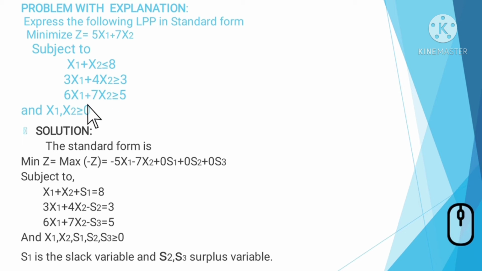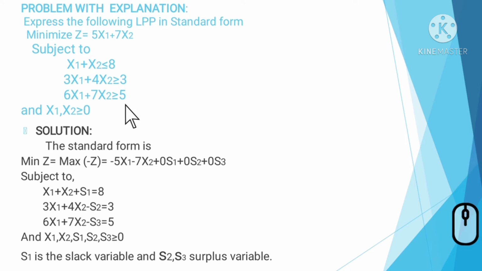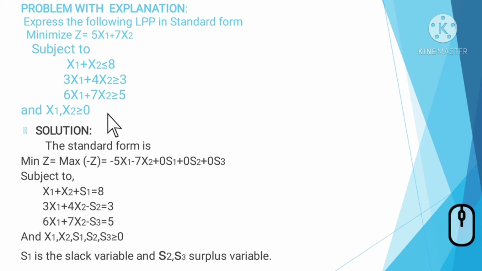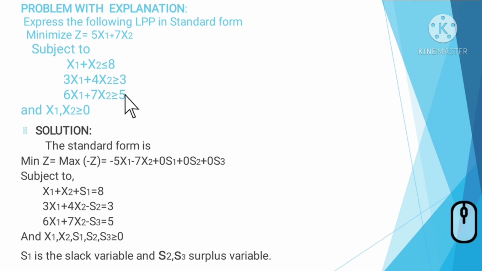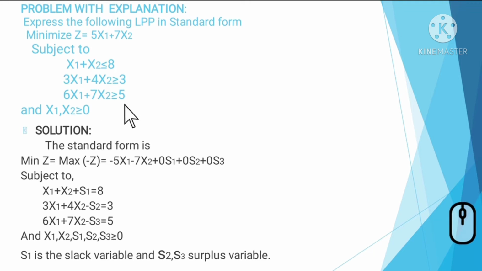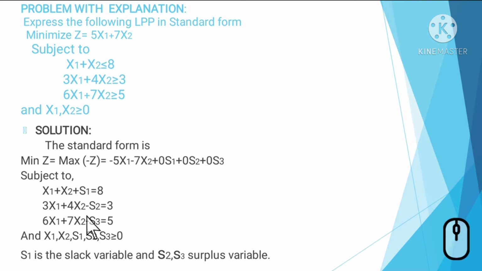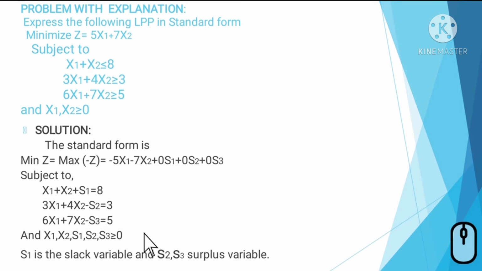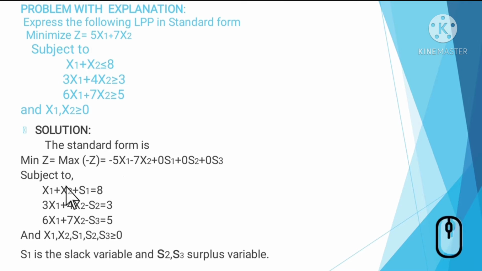And in the third constraint, 6x1 + 7x2 is greater than or equal to 5. Here the available resources are 5, but they have used more than the available resources. So we have to introduce the surplus variable. So 6x1 + 7x2 minus s3 = 5. So now both sides become equal.